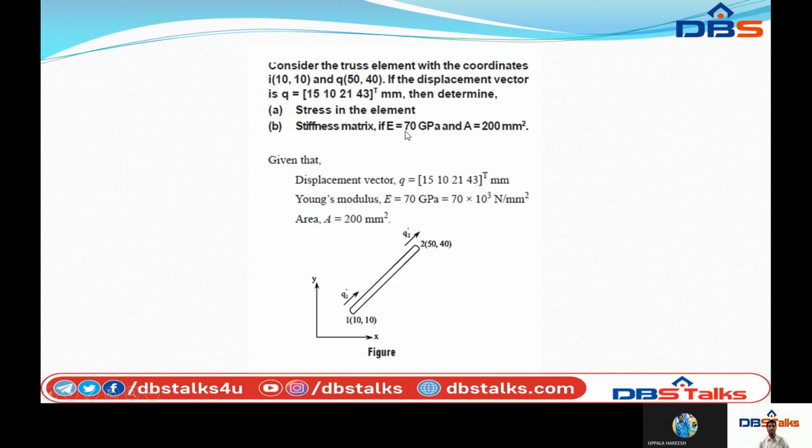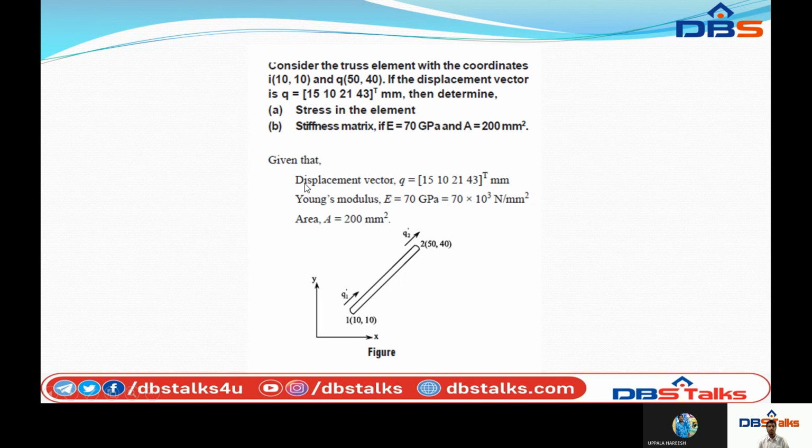The second one is the stiffness matrix. Young's modulus E equals 70 gigapascal and area equals 200 millimeter square. Find the stiffness matrix K. First of all, they gave the coordinate point I as 10, 10. We assume x1, y1 and the Q coordinates are x2, y2.